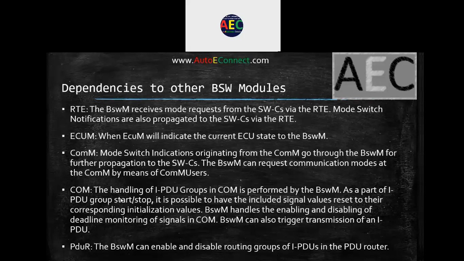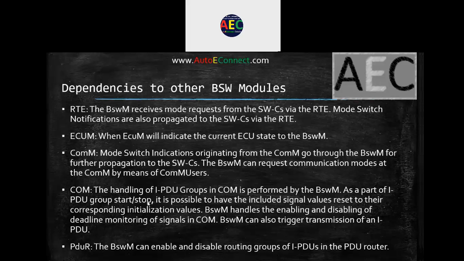So for the communication manager, when we want to configure an application to handle this communication management, like having the possibility to request no communication or full communication, in such cases we can configure COMM users, and then BsWM will provide service ports to the application layer to request full communication or no communication modes.